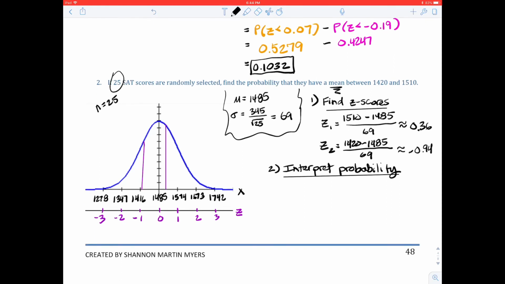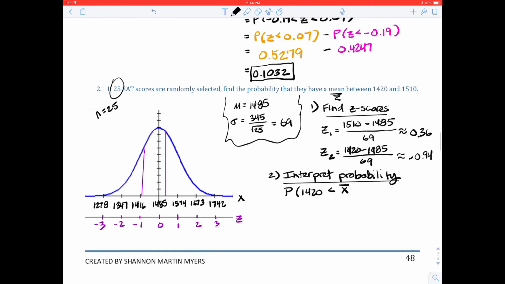Okay, so now what we're looking at is the probability that, again, x is between 1420 and, really this is not x, but it's x bar, isn't it?